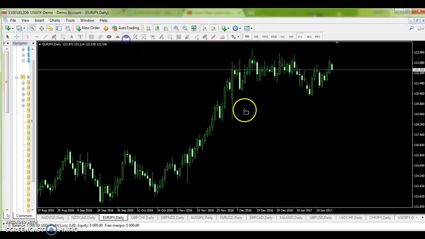As you can see, this was the higher low, right? And this was the highest high, right? After this high, the market has posted this higher low, right? After this higher low, the market has made this lower high. It is a lower high, right?